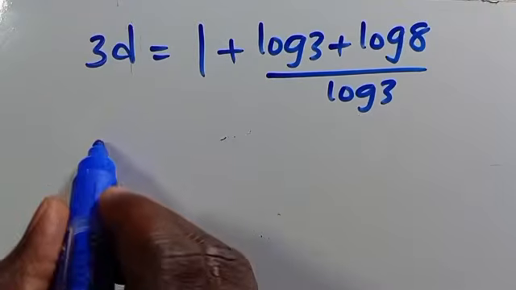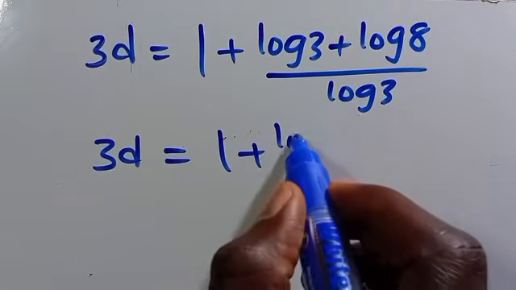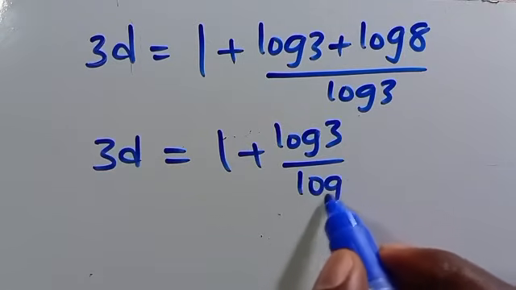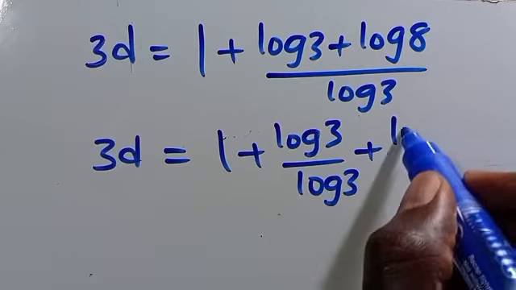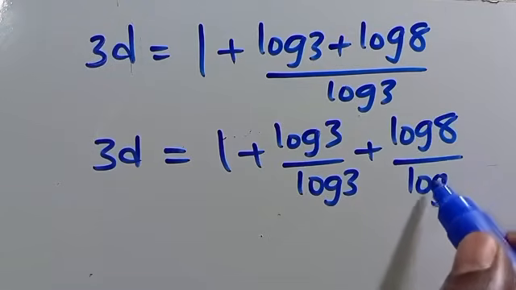So from here we have 3d equals 1 plus log 3 over log 3 plus log 8 over log 3.